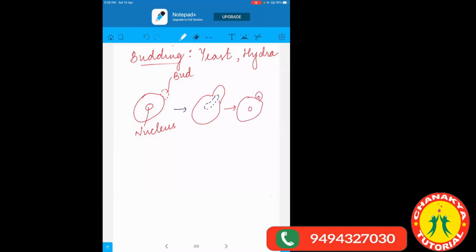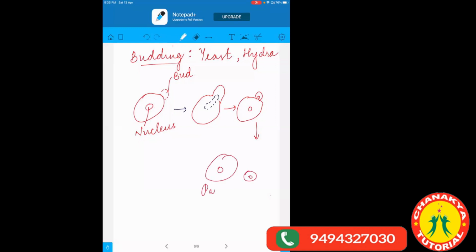Because of the continued expansion and contraction, the nucleus will divide into two. One part of it will be in the parent cell and the other goes into the bud cell. So like this, two nuclei will be there. Now, when the yeast gets favorable conditions, such as favorable nutrients or temperature in the water, they get separated from the parent organism.